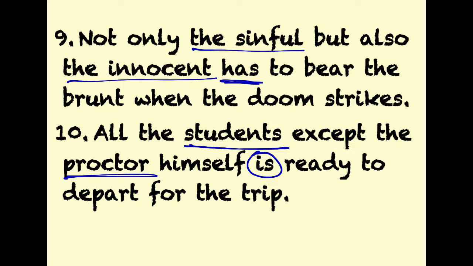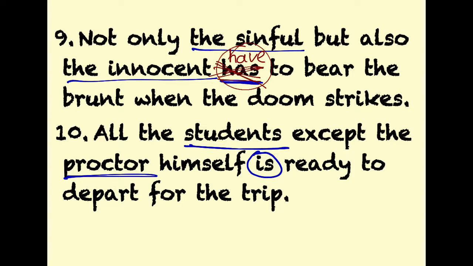Neither of these subjects is singular. So whether the verb agrees with the nearest one or the farthest one does not matter here. But the rule says it has to agree with the nearest one. So we have to make it have, not has. Has was incorrect.